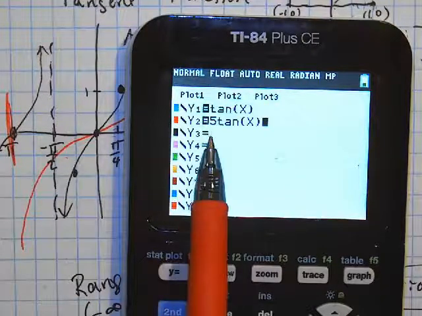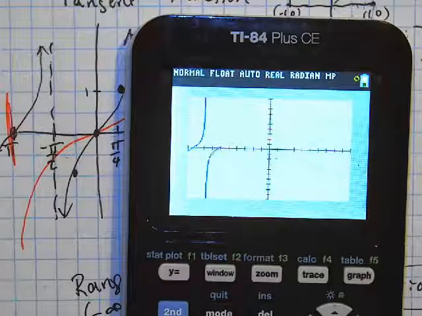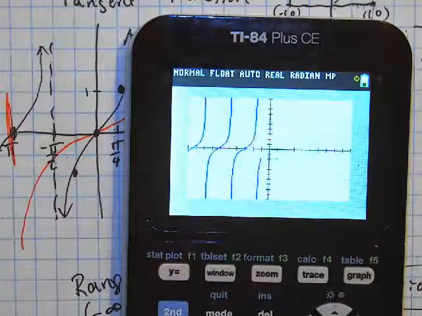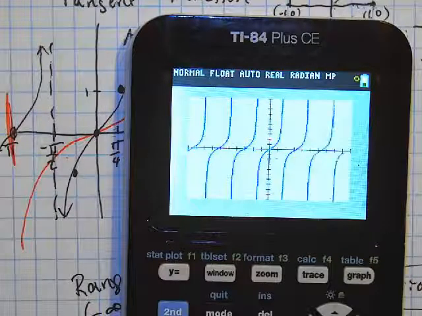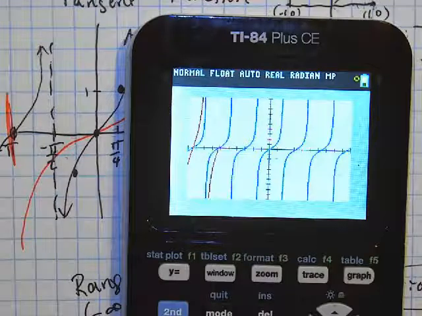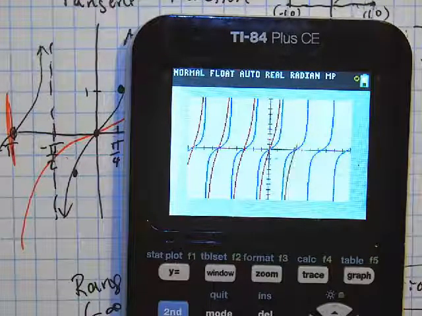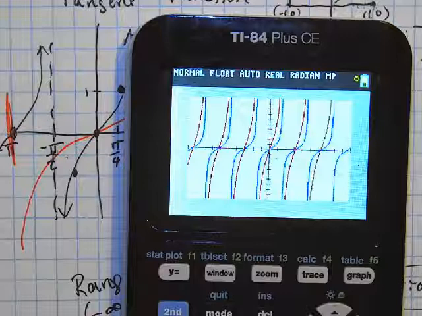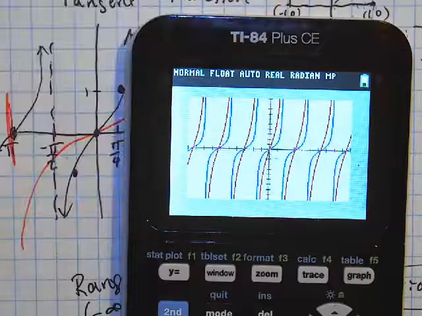Yeah, the 5 should make this thing stretch vertically. So let's take a look and see. There's tangent. And here's 5 tangent. So you can see how each one is actually, we can say steeper, even though steep really goes with linear, but it really stretches it vertically. It takes the graph and pulls it vertically.